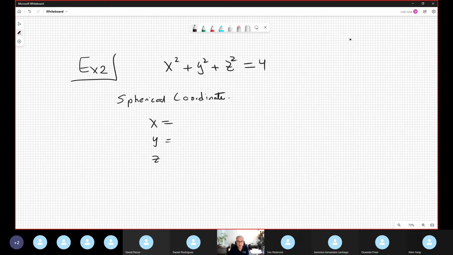But rho, in this case, by the way, the radius of this sphere is 2. So you transform a little bit. So it is the radius 2 sine phi cosine theta.